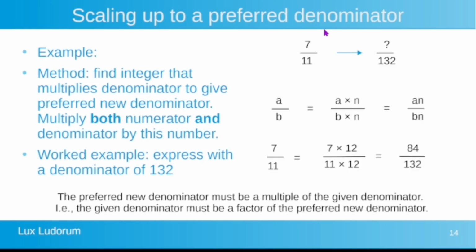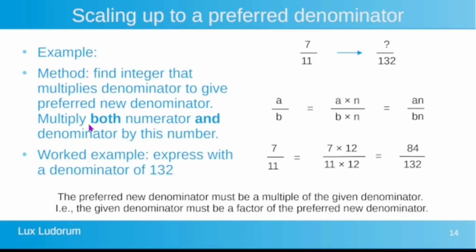Scaling up to a preferred denominator. For example, we've got the fraction 7 over 11. I want to express this with a denominator of 132. What am I going to put on the top? The method is to find the integer that multiplies the denominator to give the preferred new denominator.